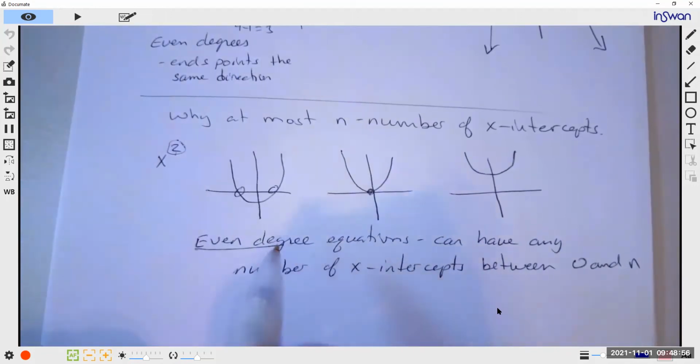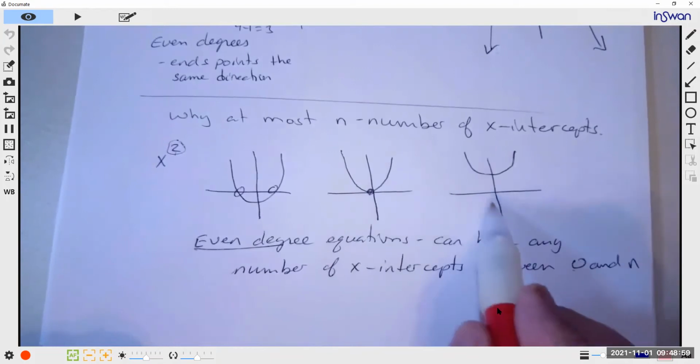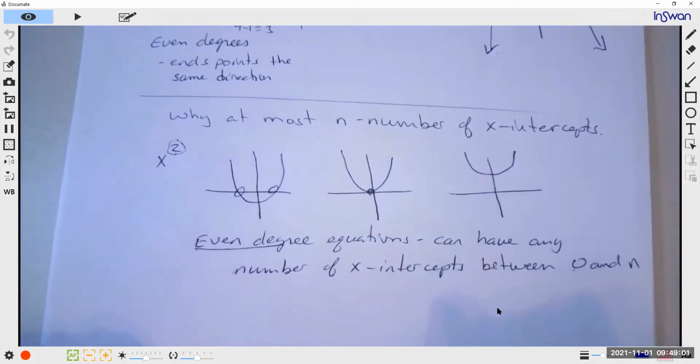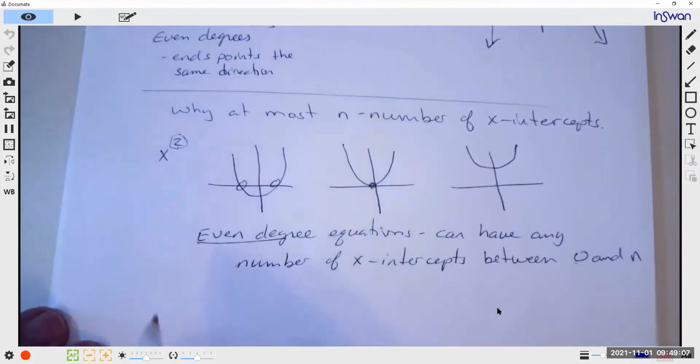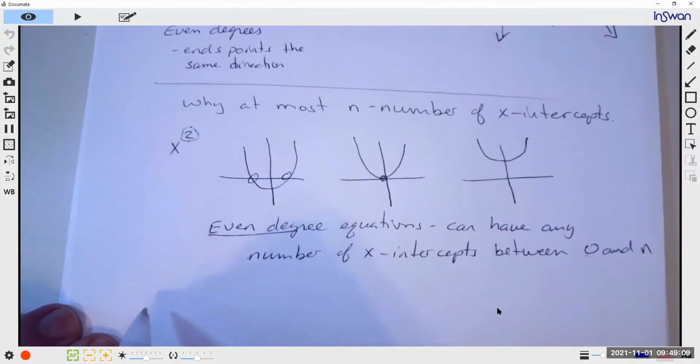With even degrees, you can have no x-intercepts, or you can have 2. Even degrees can have any number of x-intercepts between 0 x-intercepts and n x-intercepts.